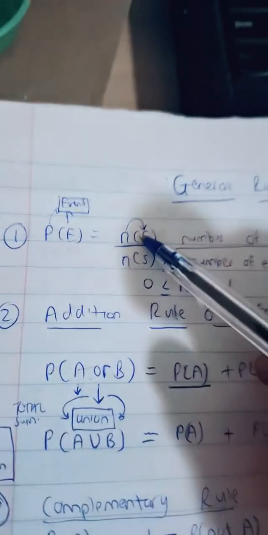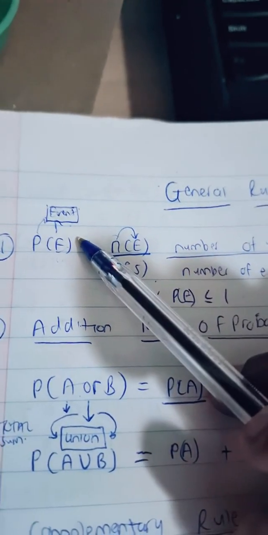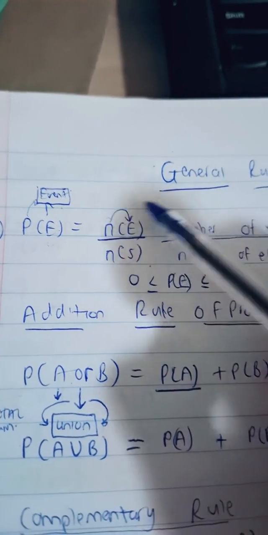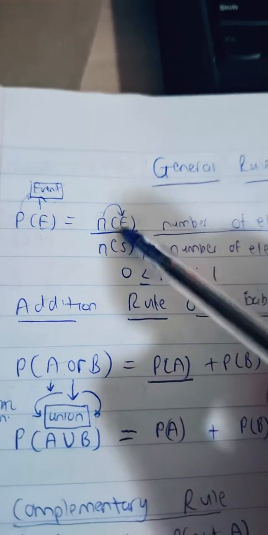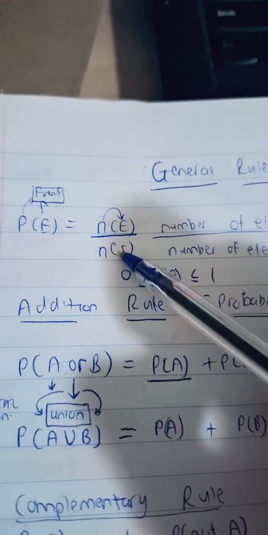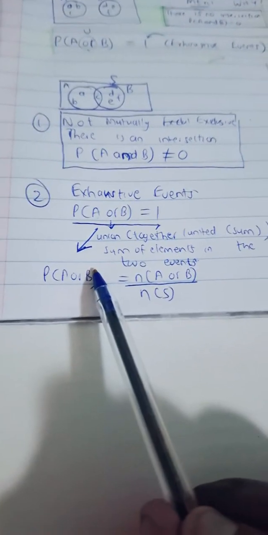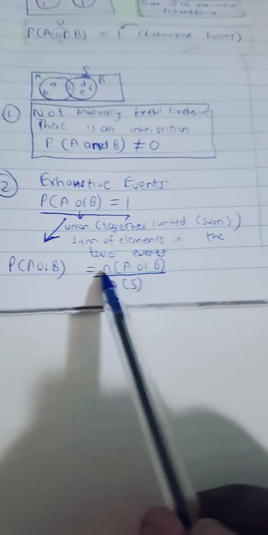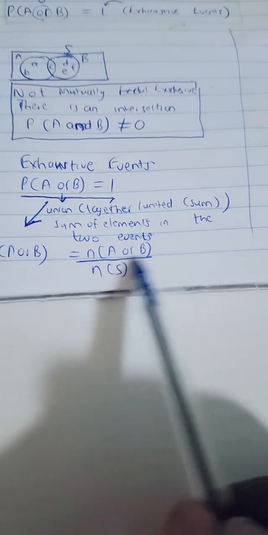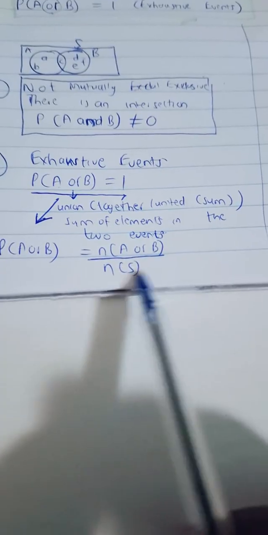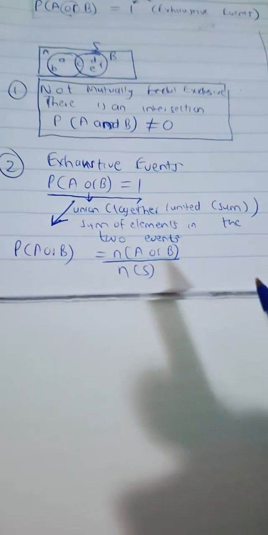I'm going back to the basic definition of probability. What is the probability of a particular event? Probability of a particular event is the number of elements in that event over the number of elements in the sample space. Okay? So, what's the probability of A or B? Probability of A or B is equal to the number of elements of A or B over the number of elements in the sample space.